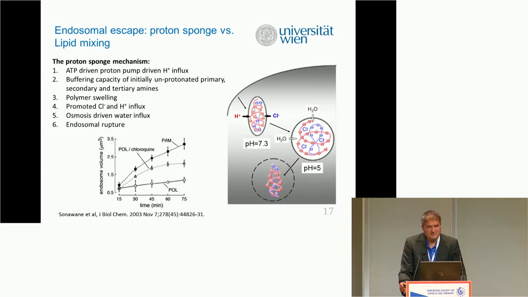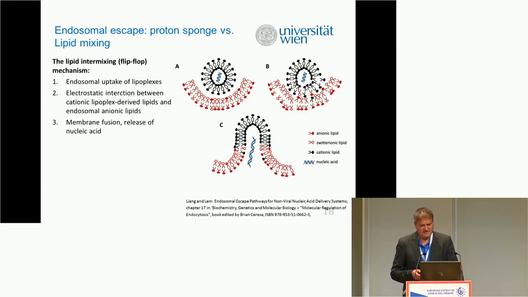Then you will have promoted chloride and further proton influx, and then an osmotic effect. So your endosome will swell, and at a certain time point you will obtain endosomal rupture, more or less efficient. And this can also be measured, like here, old work from the group of Frank Zucker. You see this increase in endosomal volume due to this buffering effect.